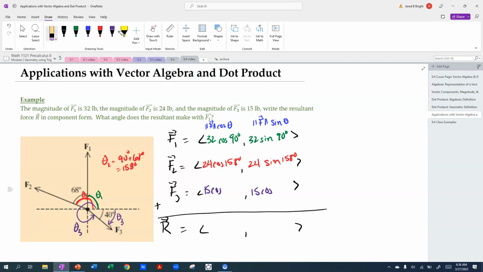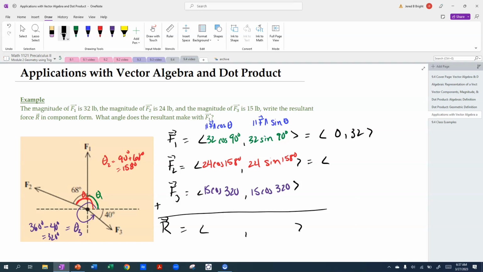Personally, I prefer to stay positive, so I would say theta 3 is equal to 360 degrees minus 40 degrees, so 320. Otherwise, you'd use negative 40. 320, 320.